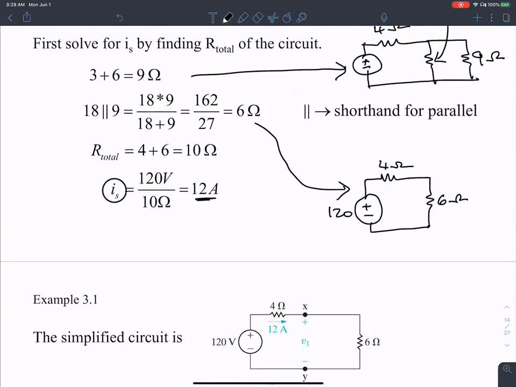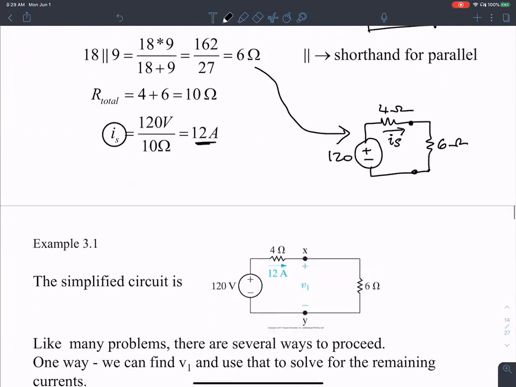If you look at this, 120 volts, the amount of current flowing here is IS. That is shown over here to be 12 amperes.